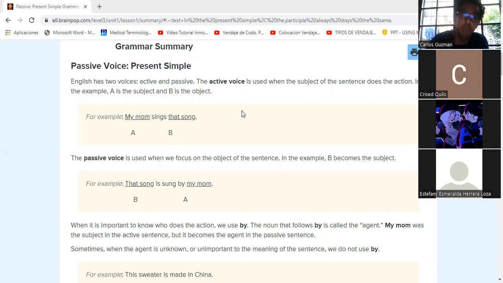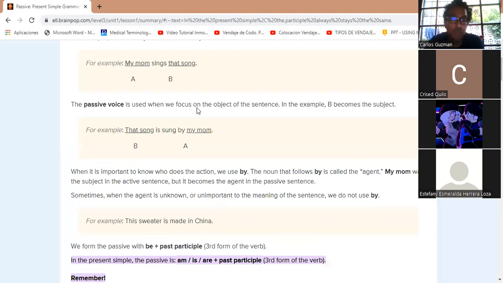For example, my mom sings that song. That's active. My mom is singing, she's doing the action, right? So that's pretty clear. We already have that down. And the passive voice is used when we focus on the object of the sentence.